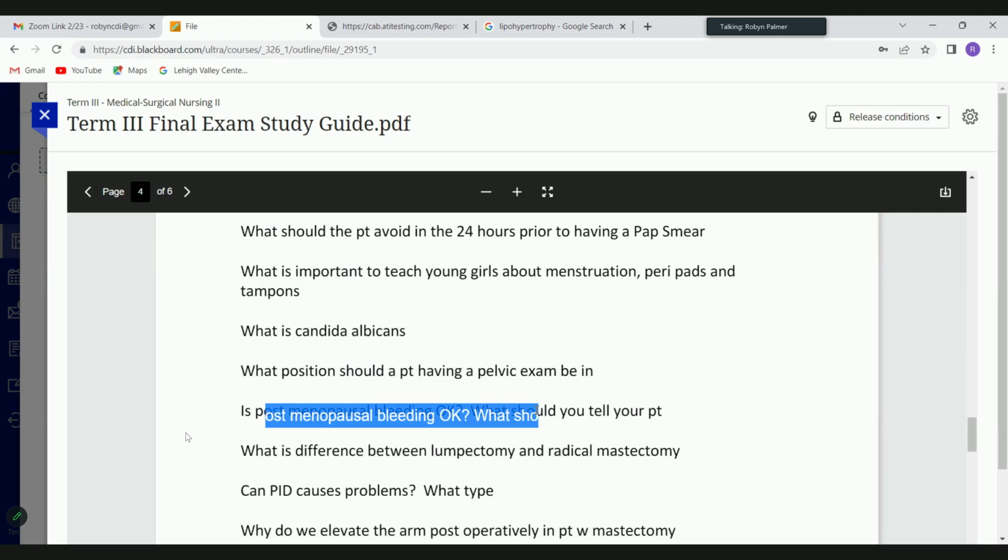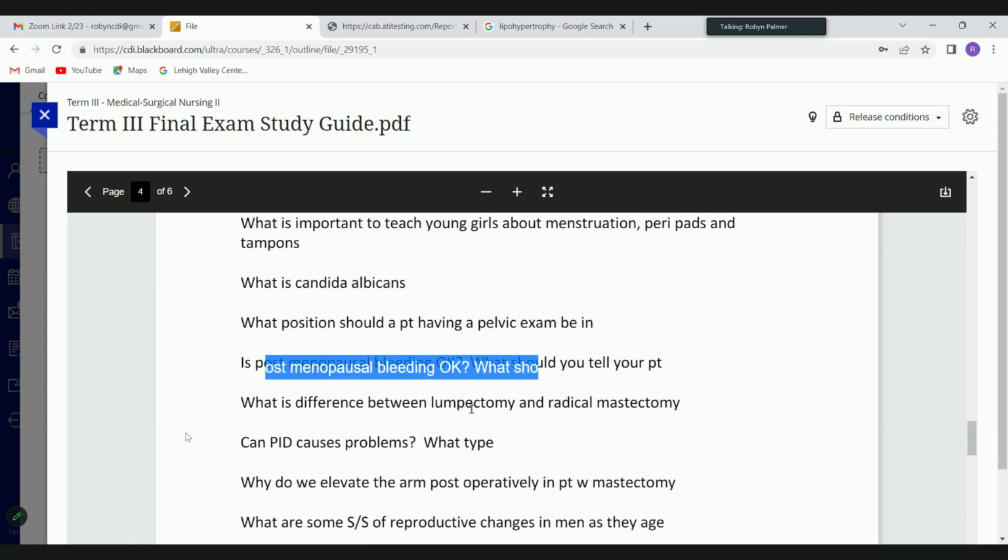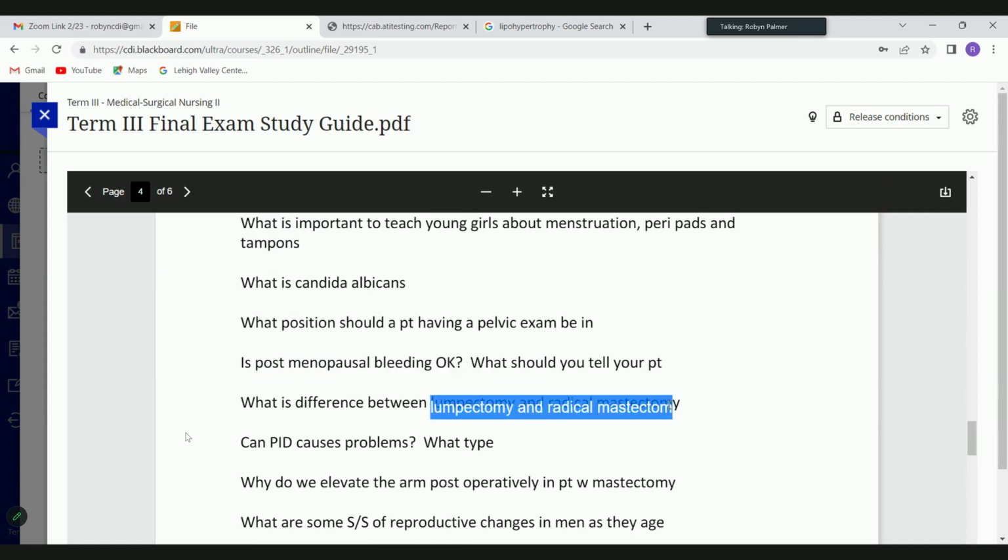Because 50% of patients with postmenopausal bleeding have endometrial cancer. Remember the lining of the uterus, the endometrial lining? If they have postmenopausal bleeding, that's cancer. We didn't talk about this yet either. We didn't talk about the difference between a lumpectomy and a radical mastectomy. We'll get into that. I'm not going to get into that today.